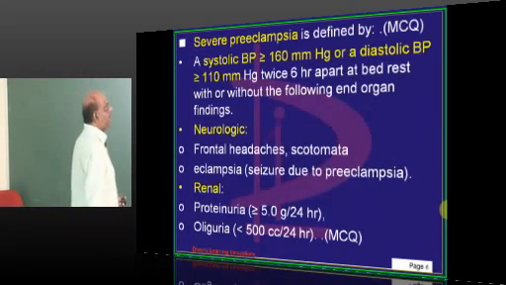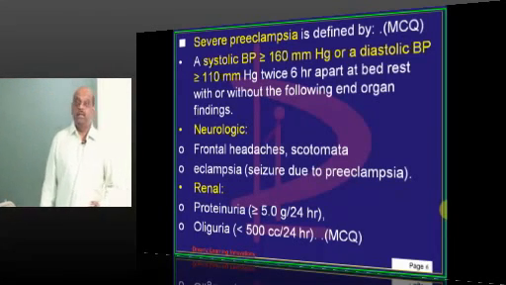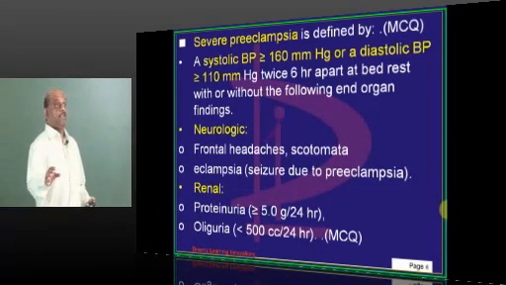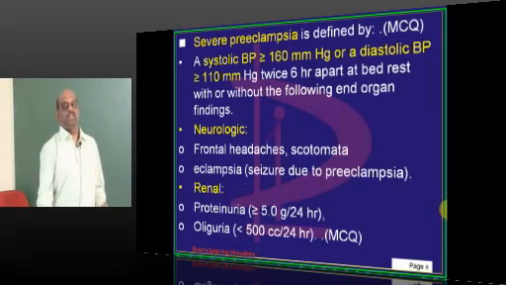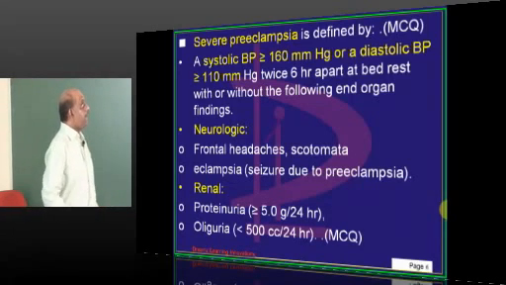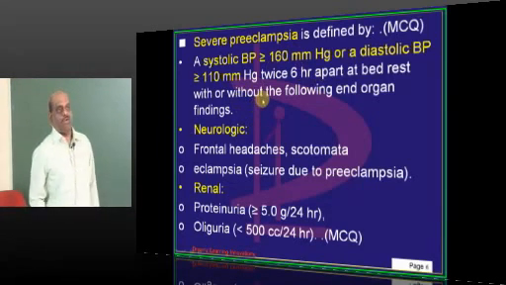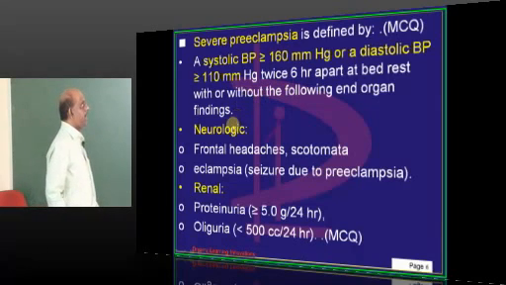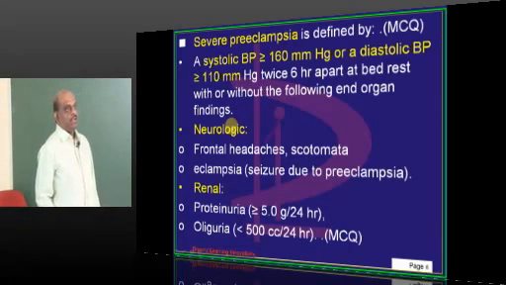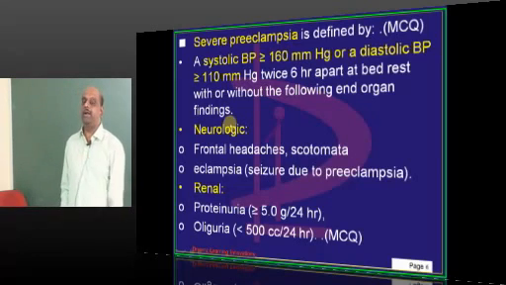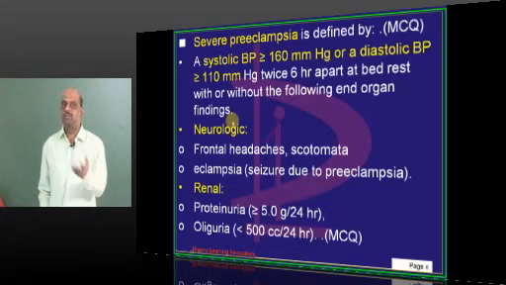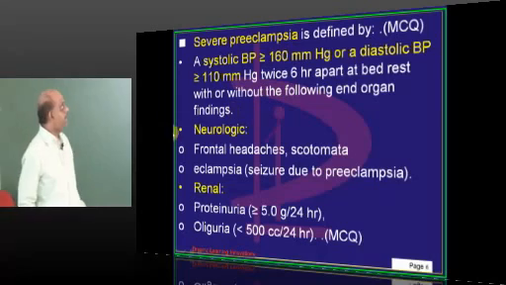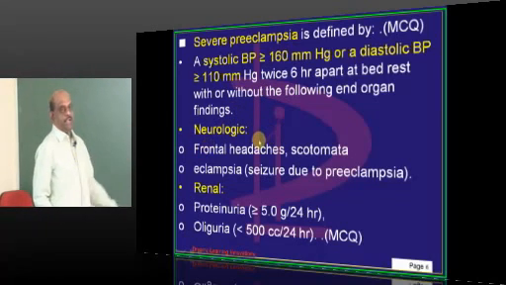When do you call severe, doctor? Suppose the systolic BP is more than 160, these values are important, or a diastolic BP more than 110, twice 6 hours apart at bed rest, with or without end organ damage, along with any of the other problems like neurological.